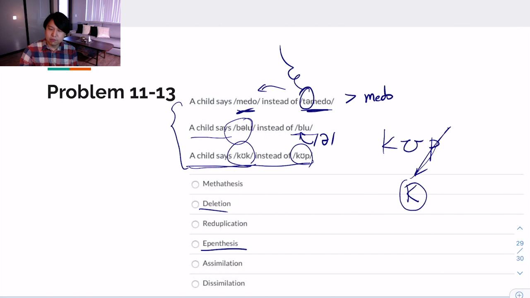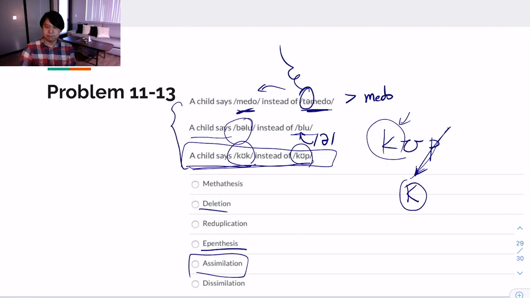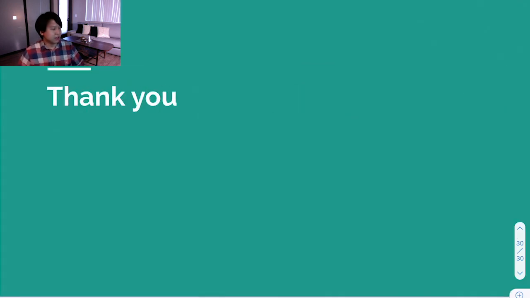It's a change from P to K because there's K over right here. It is becoming closer, becoming similar to a neighboring sound, K. So that's why this last phenomenon is categorized as assimilation. Okay, that was problem 13. Thank you very much.